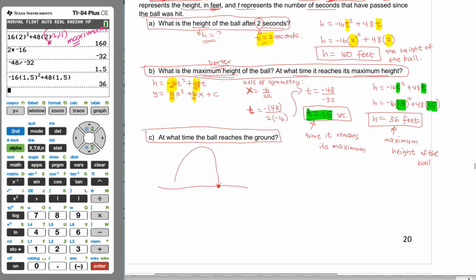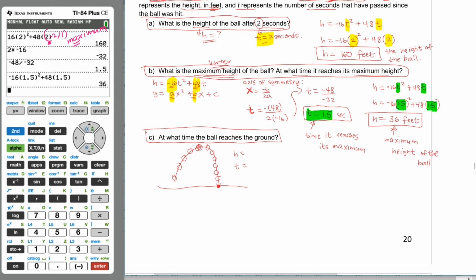Now, when it reaches the ground, let's identify what's in here. This is about height and time. When you try to analyze, this is the ball that you throw. It reaches a maximum, then it goes down until it reaches the ground.